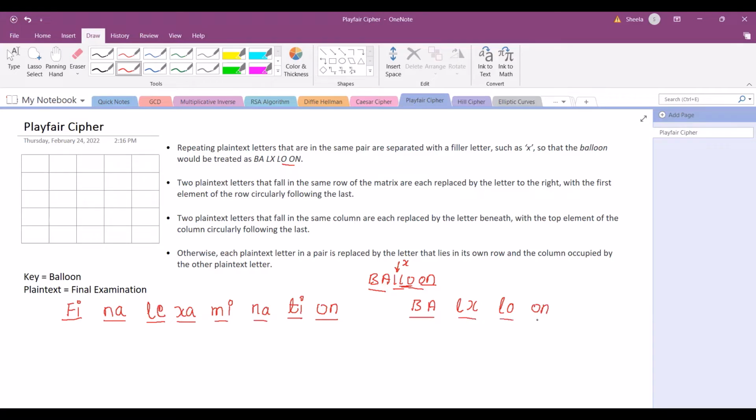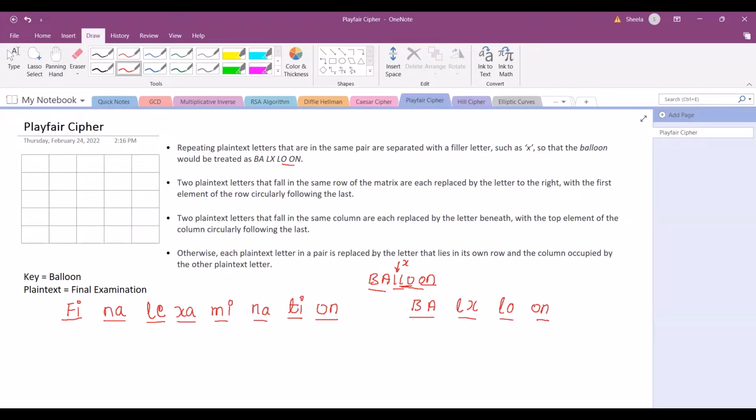This is the first rule we have to consider: whenever we do grouping, a common letter must not be there in a digram. If there is a common letter, we have to fill it with a filler letter.